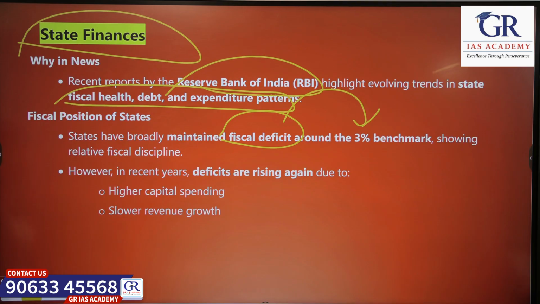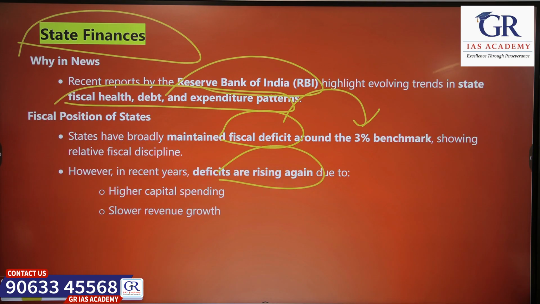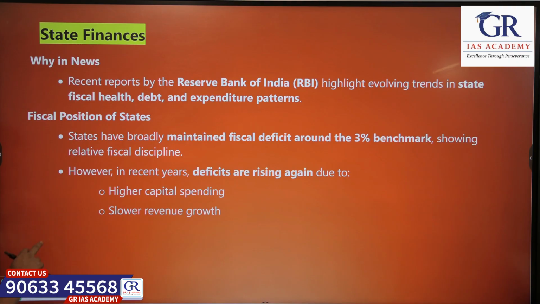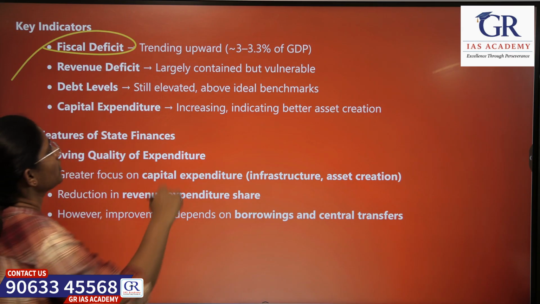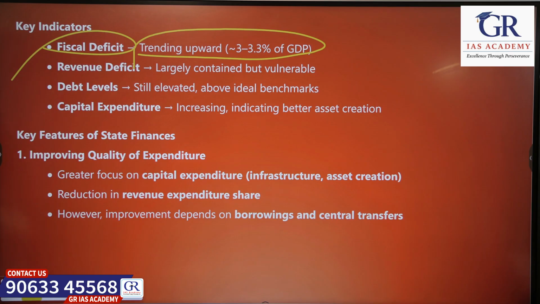But however, it is rising again. Due to what? Due to slower revenue growth and high capital spending. Because of this, the fiscal deficit is increasing nowadays. So, what are the indicators which tell about fiscal health? The fiscal deficit says how much revenue is falling short, that is 3.33% of GDP.